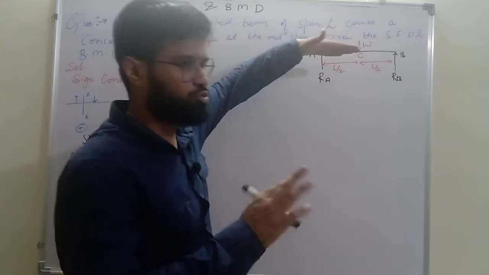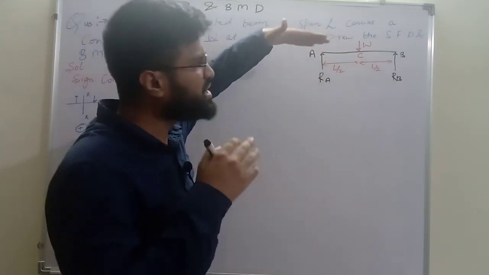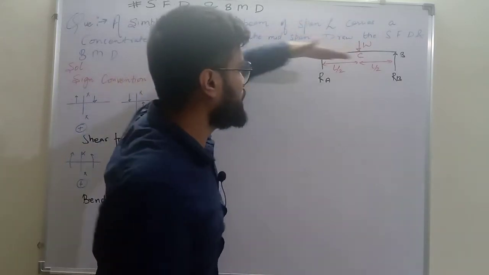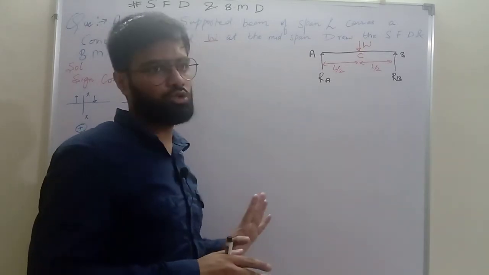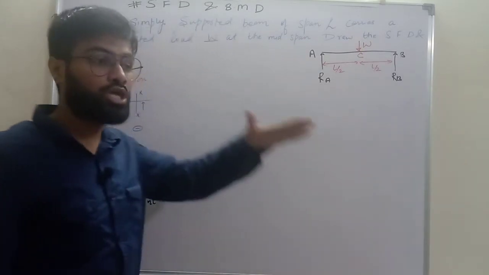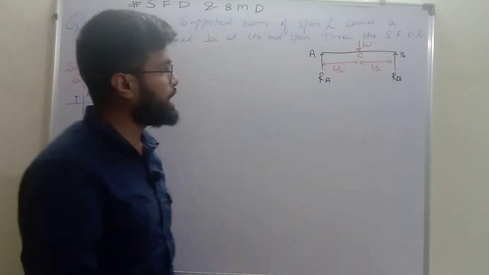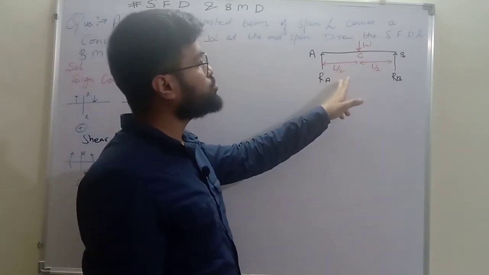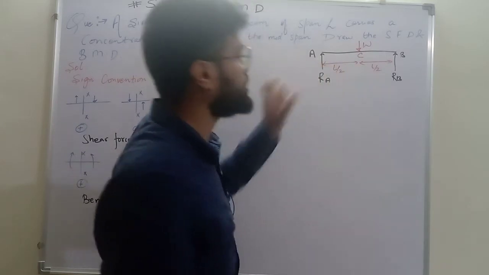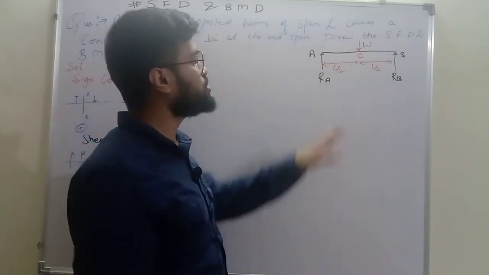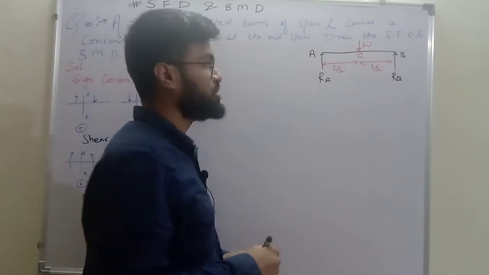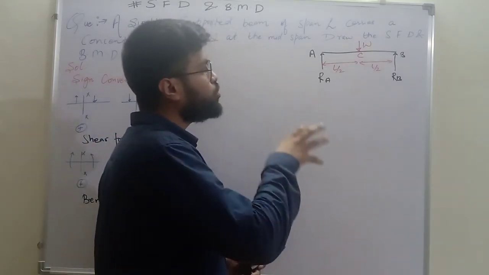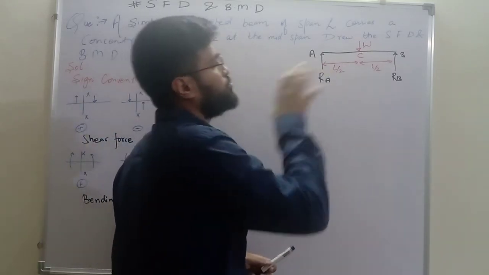The beam is free to move horizontally, so there will be no horizontal reaction. The supports also do not resist rotation. Therefore there will be no moment at support A and at support B.